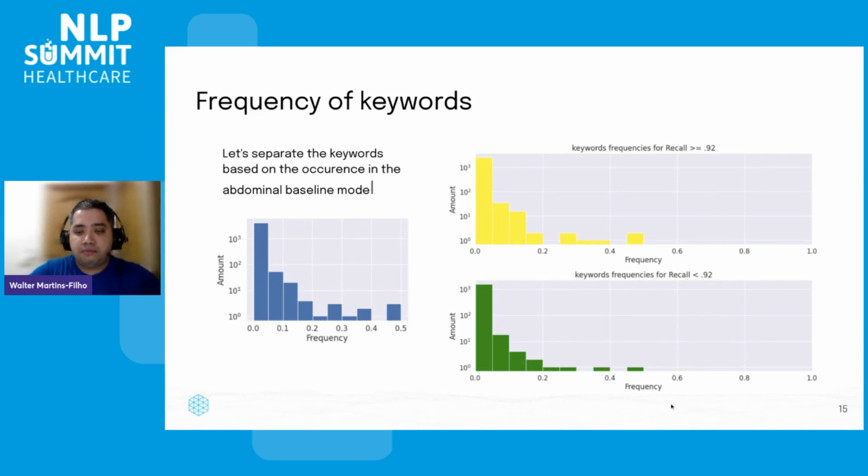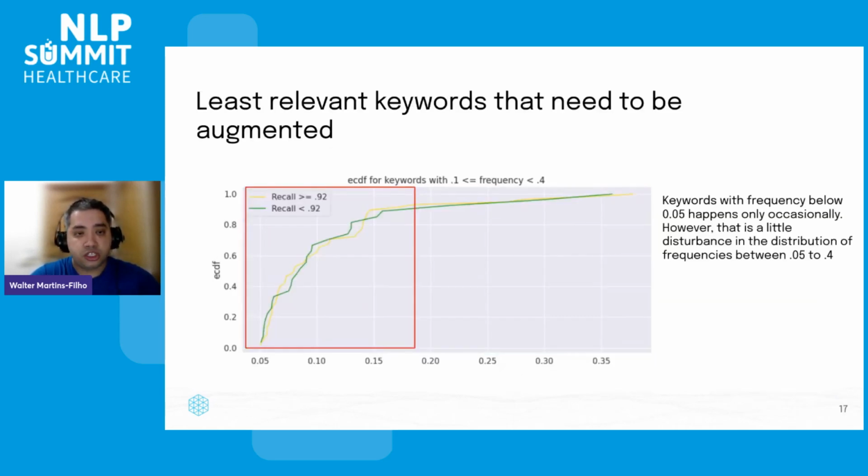Because of the histogram of keyword frequency and the size of the frequency, we change that to compare with the cumulative distribution function.